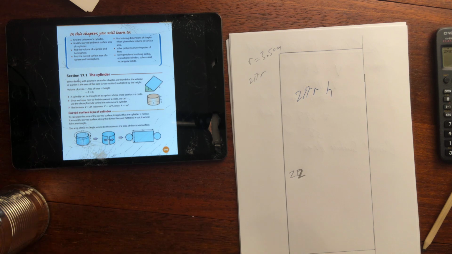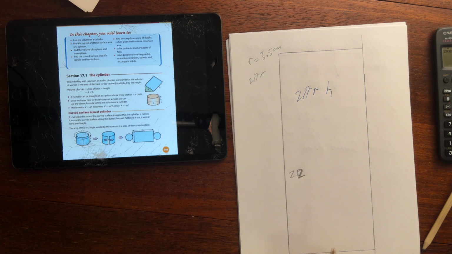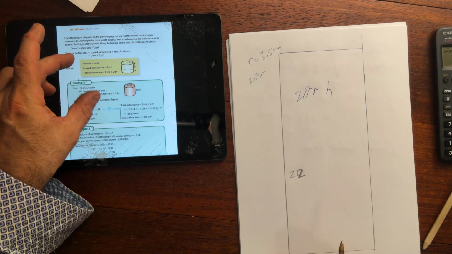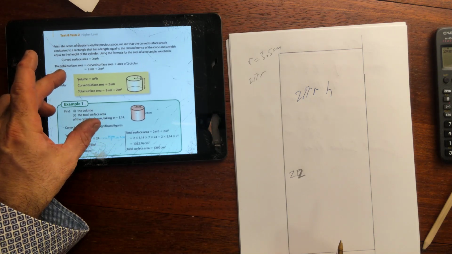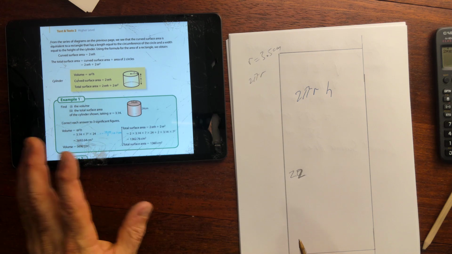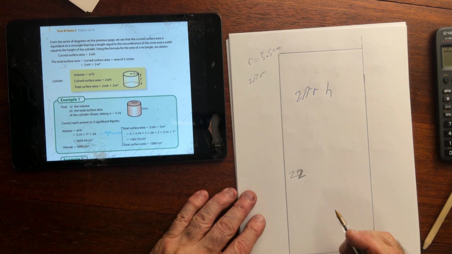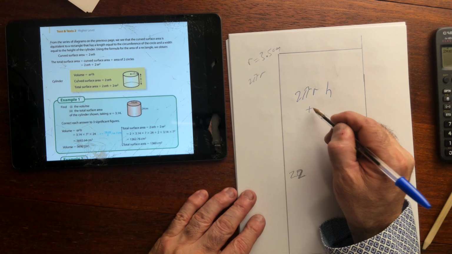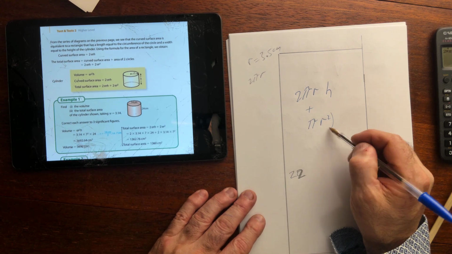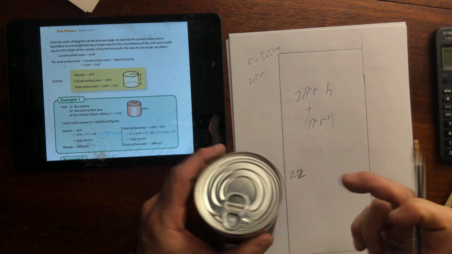My iPad is running out of charge, so we've time to get on to do a few questions and the examples, of course. From the series of diagrams on the previous page we get these formulas, and if you want the total surface area, you take 2 pi r h and you add on the disk, but there's 2 of them because it's at the top and at the bottom.